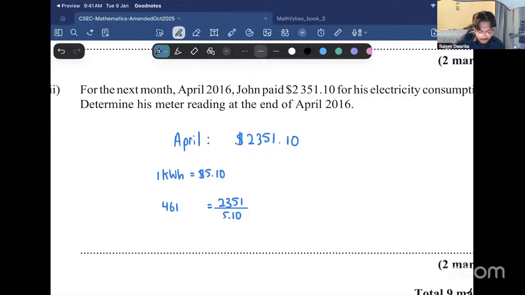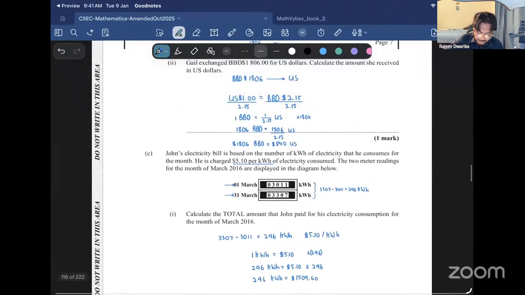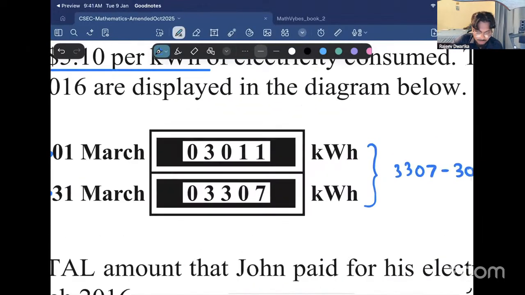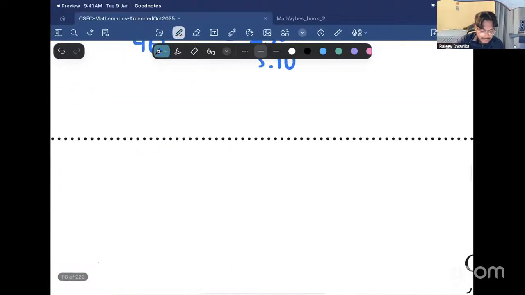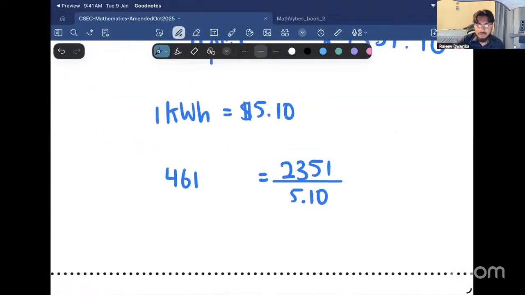All you see in decimals here. On the kilowatt hour meter itself, do you see decimals? No, sir. So when you find your answer for kilowatt hours, you'll have to round it off, right? So that's going to be 461.